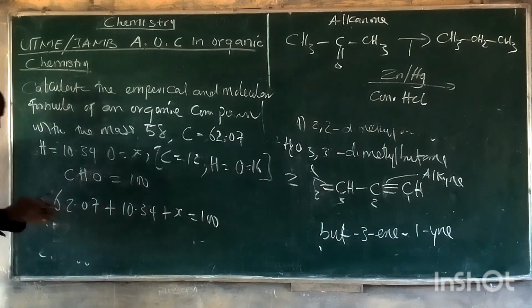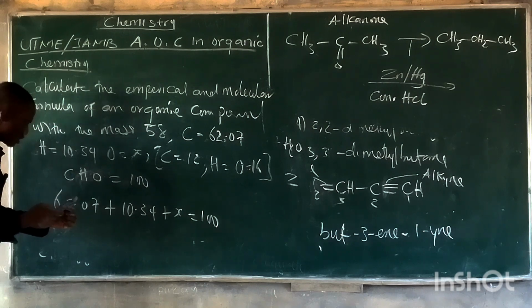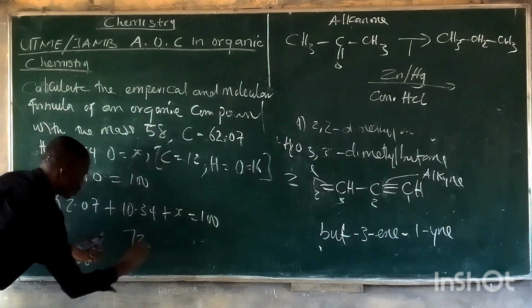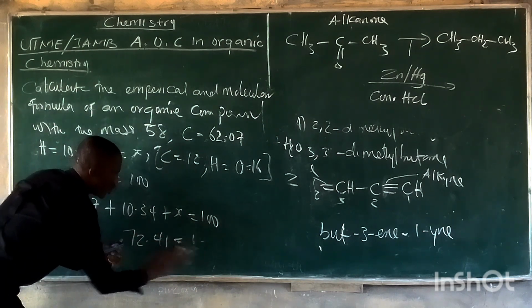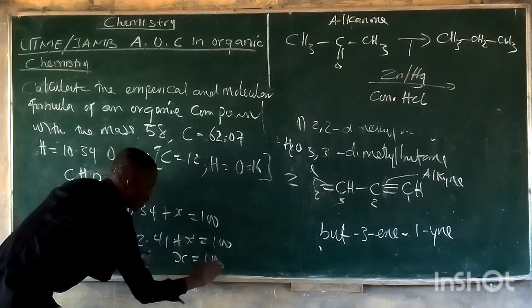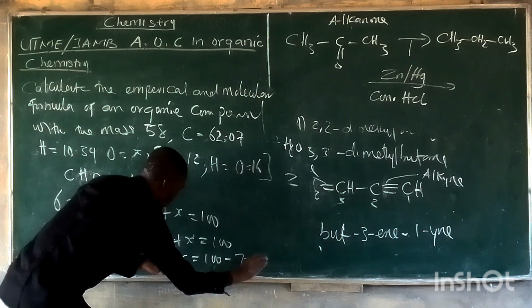I have to add 62.07 plus 10.34. That should give me 72.41, and of course X is equal to 100 minus 72.41.